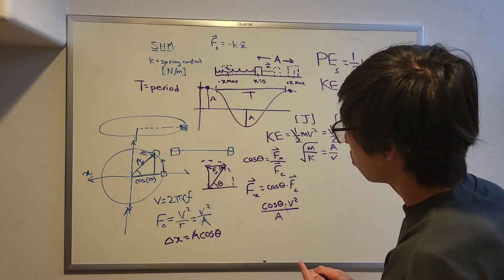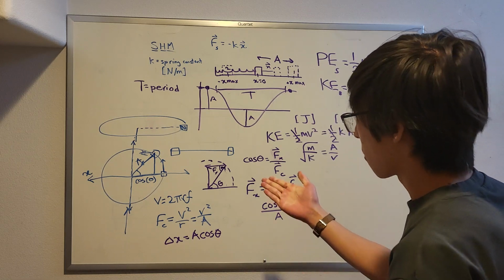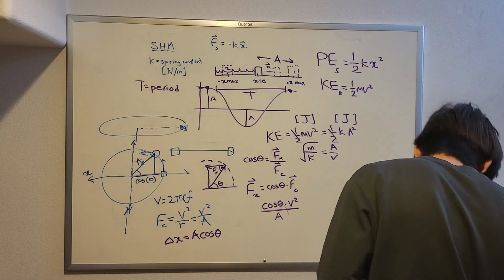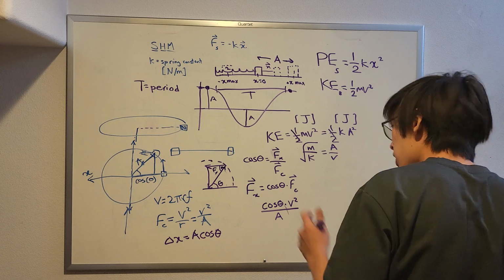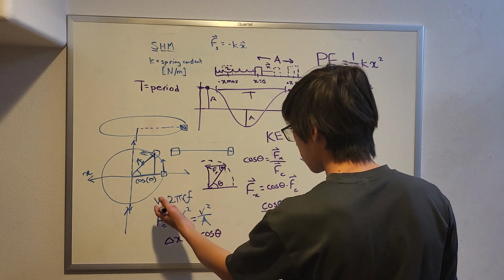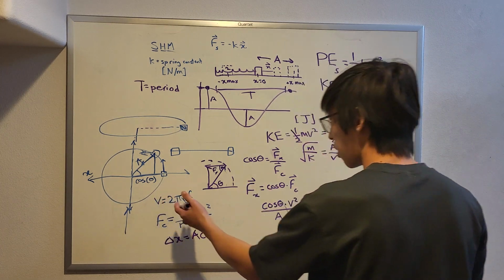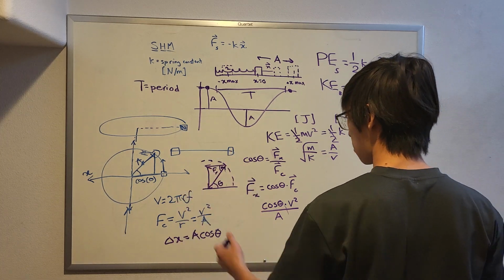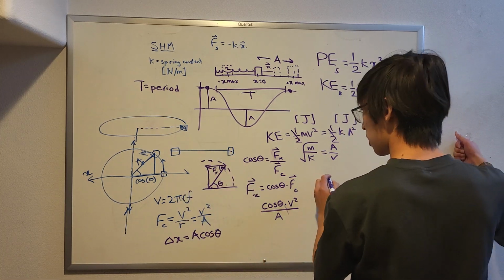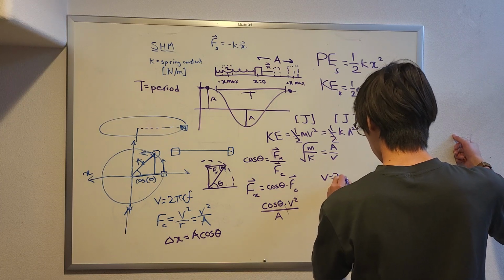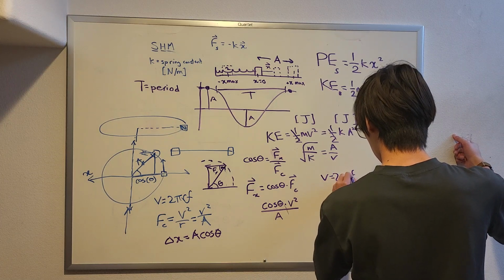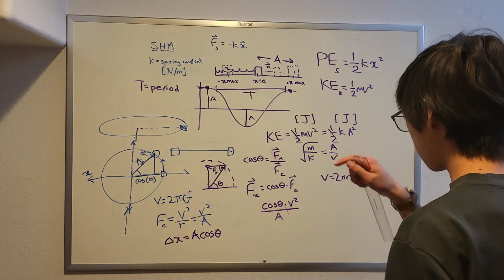So if you want to find the period of this in just the x-axis, it's actually quite simple. Because remember, we already know that the velocity is equal to the frequency times 2 pi r. So if velocity is 2 pi r times the frequency, well, what is frequency?